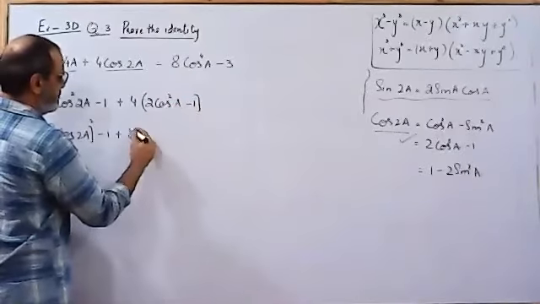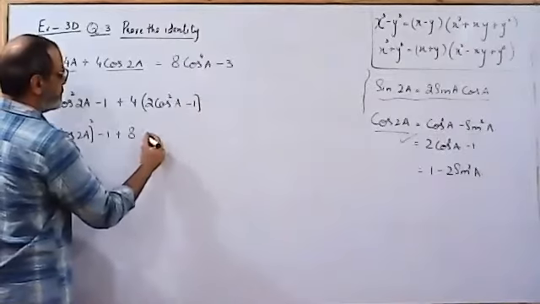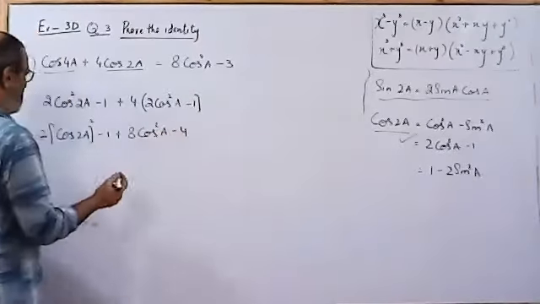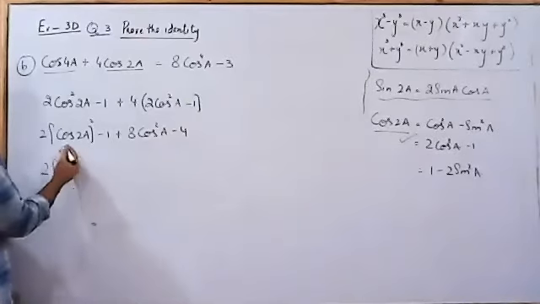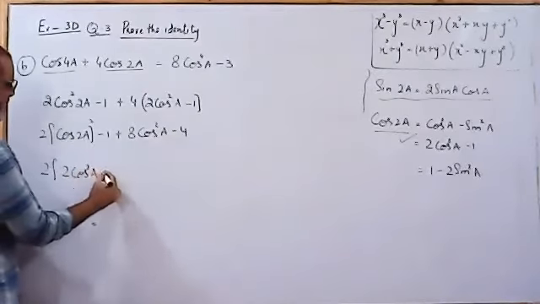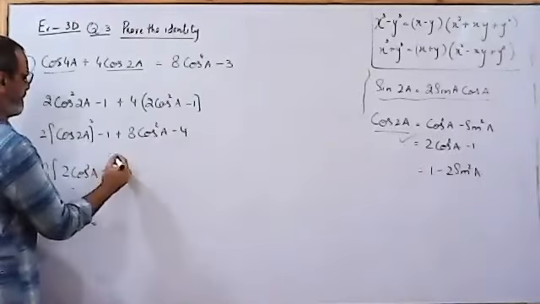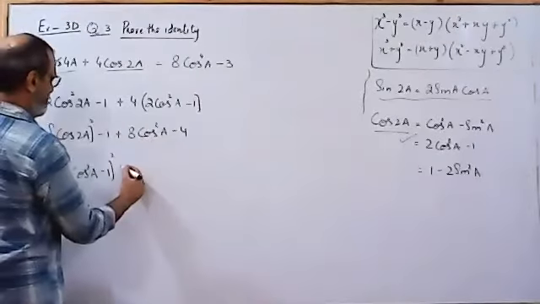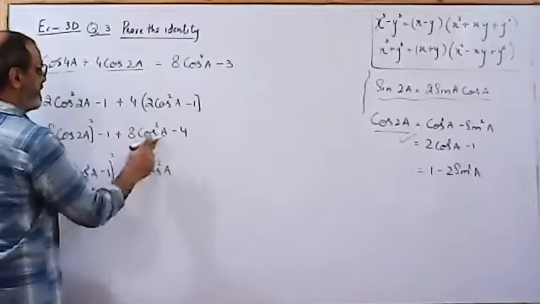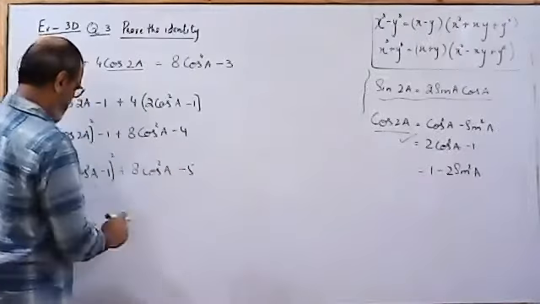I just have to simplify: 4 2s are 8 cos square a minus 4. Again I'm using the same identity: 2 cos square a minus 1 whole square, plus 8 cos square a minus 1 minus 4 becomes minus 5.